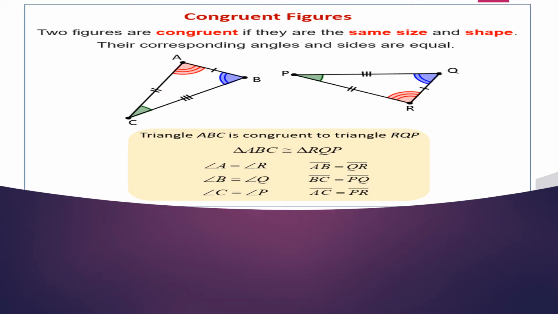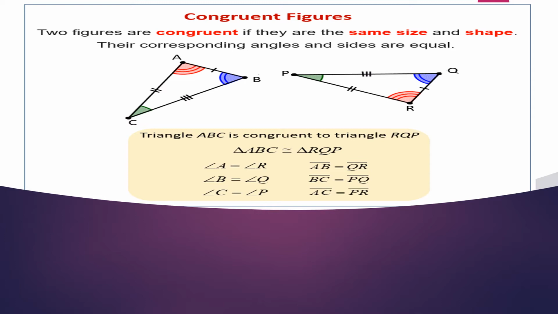So from this we can say that triangle ABC and another one is triangle PQR. Now angle C is corresponding to angle P because when we rotate it, C is matching with the point P here.